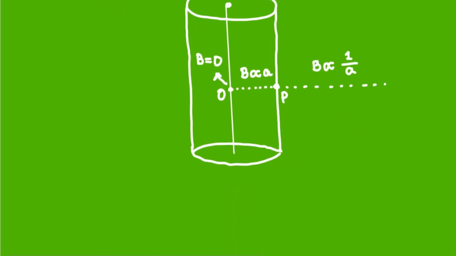Now if we draw the graphical variation, at the point O, r equals 0, and at the point P, r is equal to capital R, the radius of the cross section of the cylindrical straight conductor.